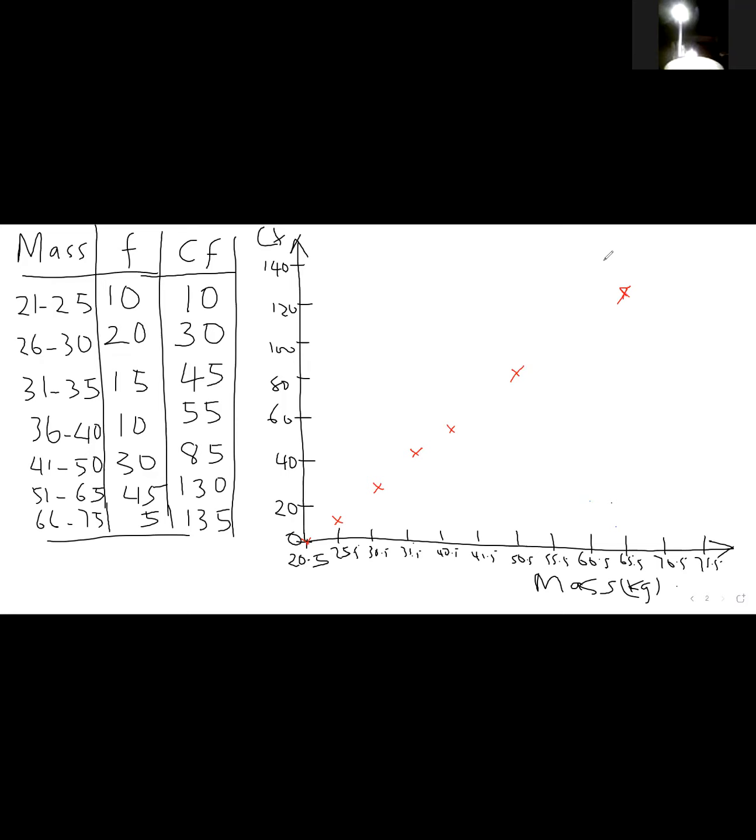Somewhere there. Then finally, I got 75. So I skipped 70.5, I got 75.5, 135. Somewhere there. Then you can join. Let me go back to black. That's the plotting. You can join with freehand.